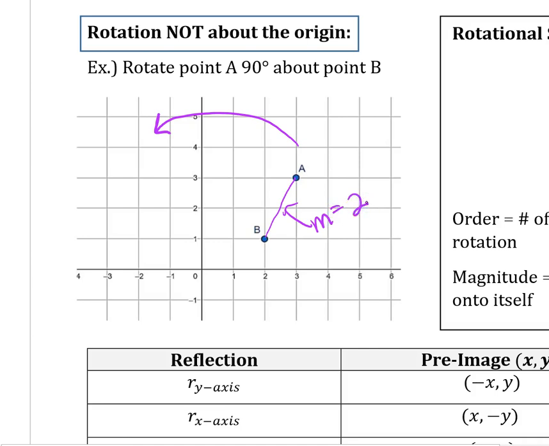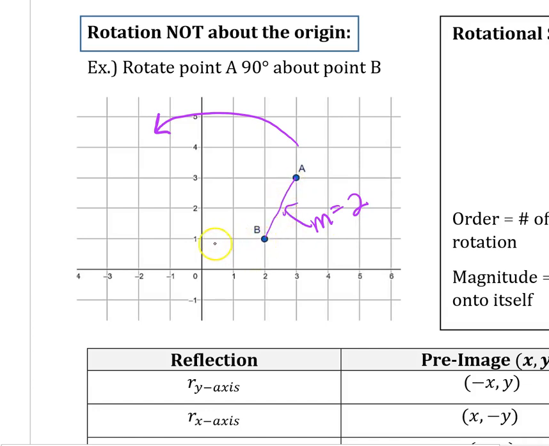Okay? In order for it to be rotated 90 degrees, this must be 90 degrees. In order to create a 90-degree angle, you must have negative reciprocal slopes. So the new line I'm going to create has a slope of negative 1/2, and in the same distance.